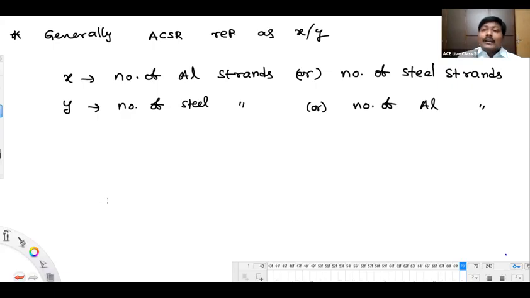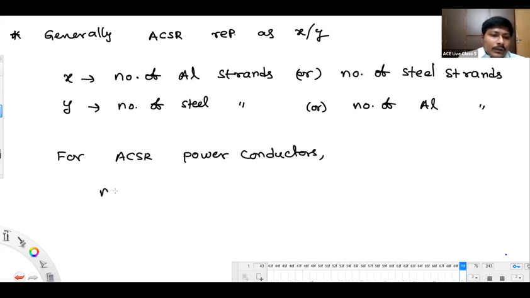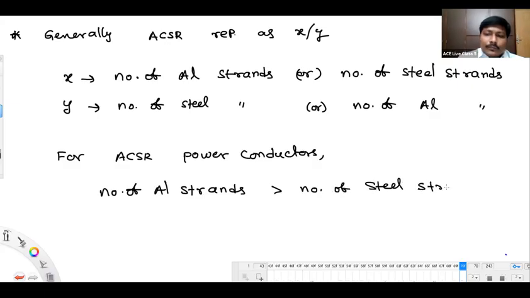So practically for ACSR power conductors, the number of aluminum strands will be greater compared to the number of steel strands.